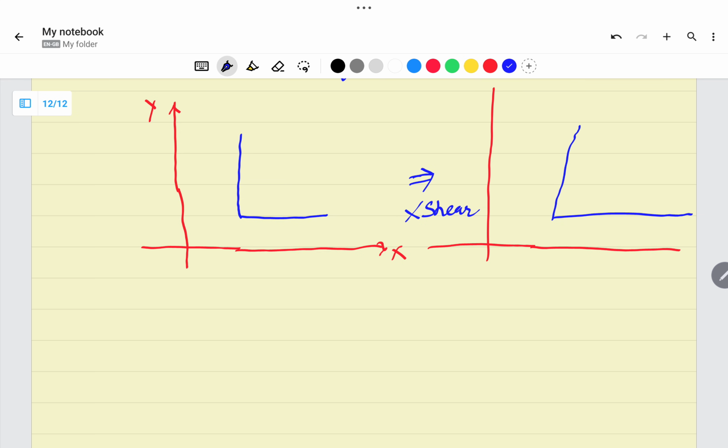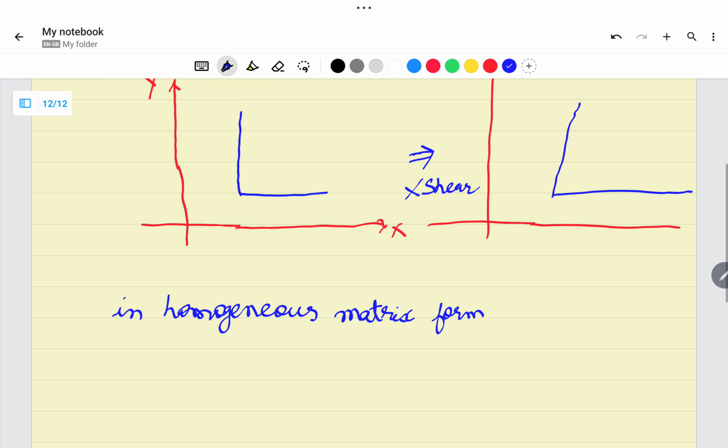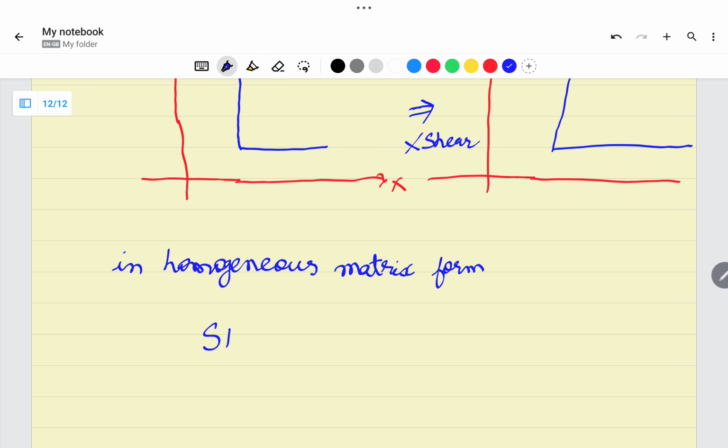We can write this in the matrix form. In homogeneous matrix form, SHx, that is X shear, the Y values are maintained, X will change.